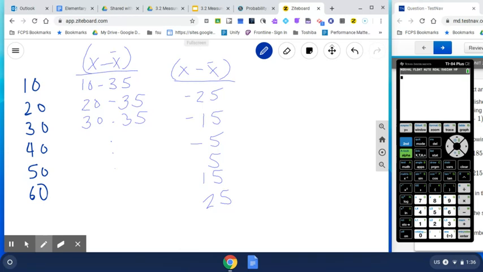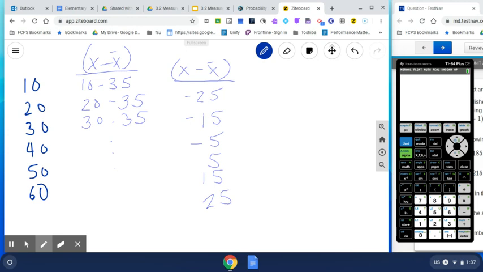Now notice, if I were to try to average these numbers the way they are right now, add them up and divide by the number of numbers, the negatives are going to cancel out the positives. This would give me a variance or a standard deviation of 0. A standard deviation of 0 means that all the data values in the list are exactly equal to the mean. There's no deviation. So we don't want to just average these numbers together because we would get 0.